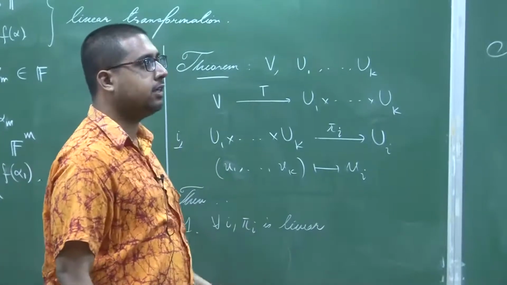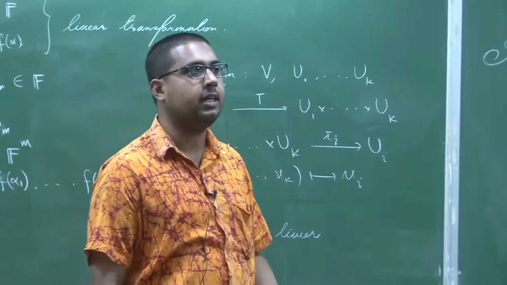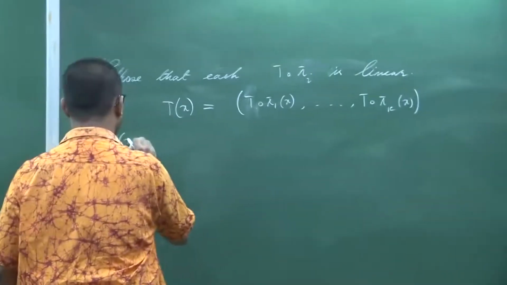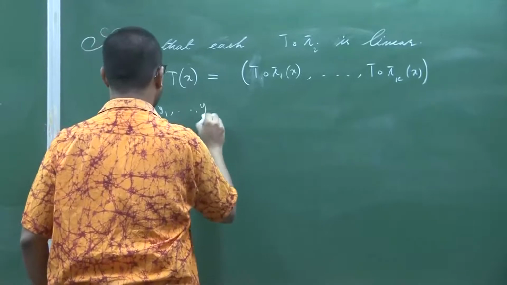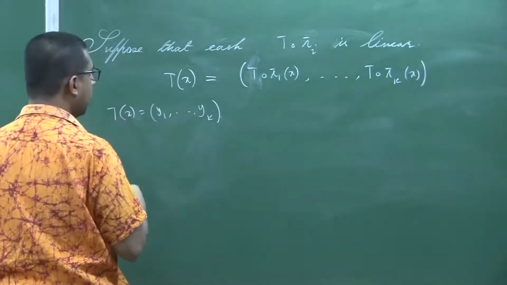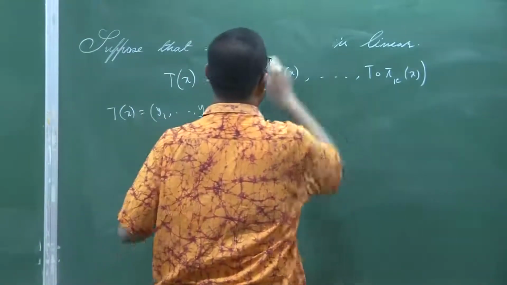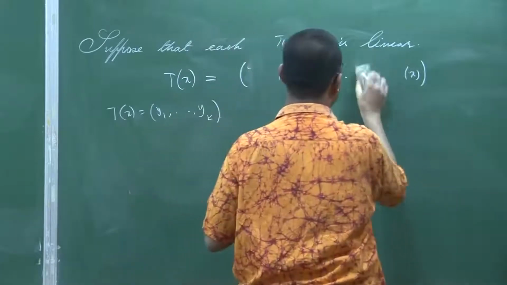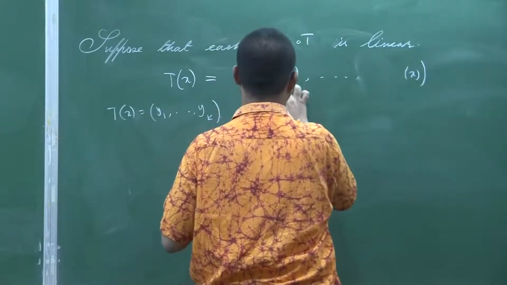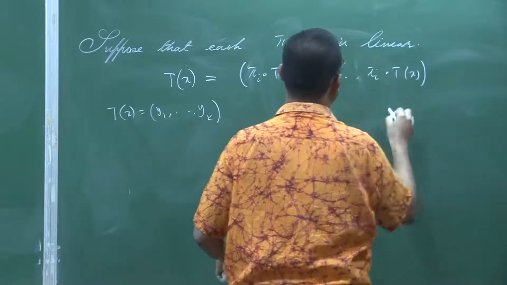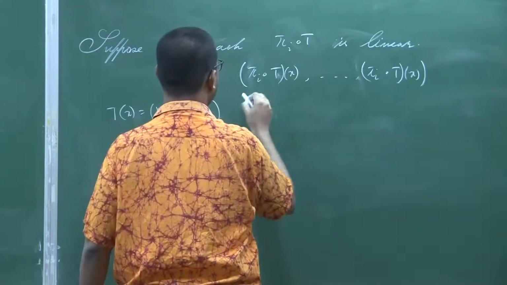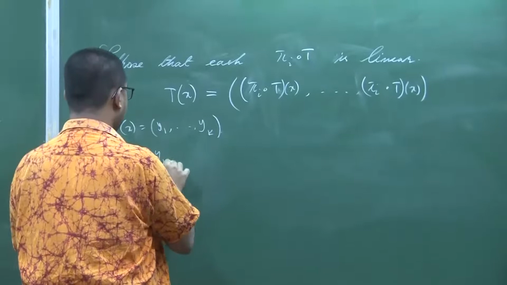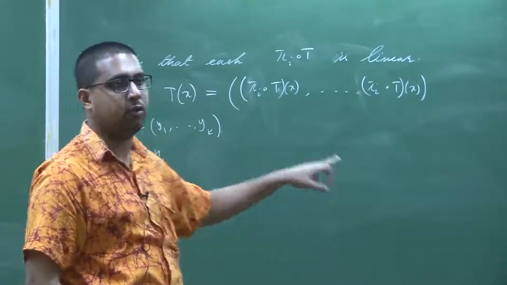Then what is pi 1 composed with T of x? It is y1. Similarly, pi 2 composed with T of x is y2.